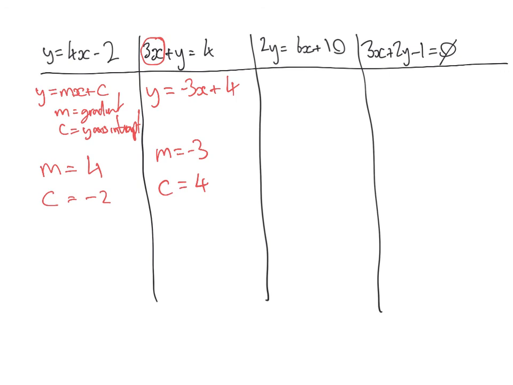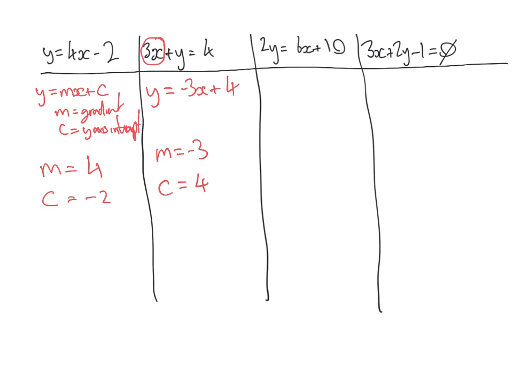On to the next one. Now we've got 2y equals 6x plus 10. This is one that often confuses people. It is in the form, sort of, y equals mx plus c. There's a y on the left-hand side, there's an x, and there's a constant on the right-hand side. However, y equals mx plus c only works when y is 1y, and this isn't 1y, it's 2y.